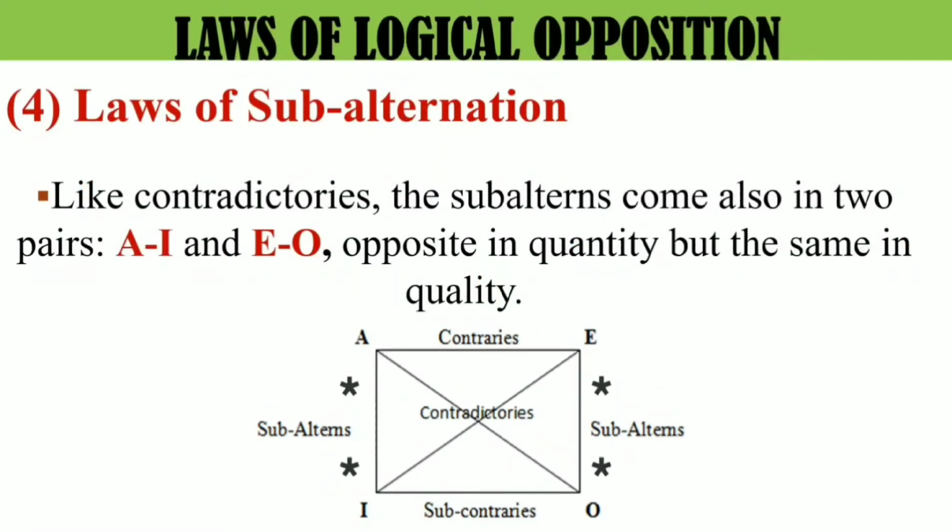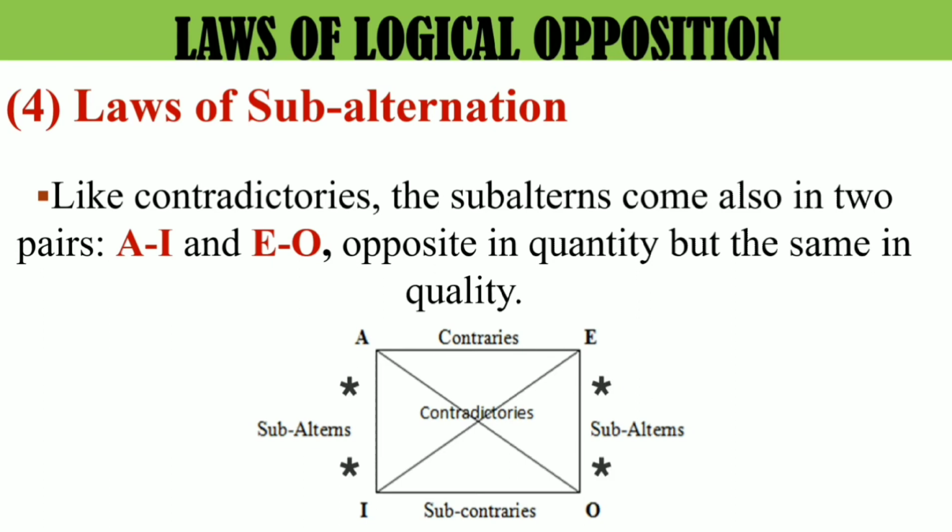Laws of subalternation. Like contradictories, the subalterns also come in two pairs: A and I, E and O. They are opposite in quantity but the same in quality.